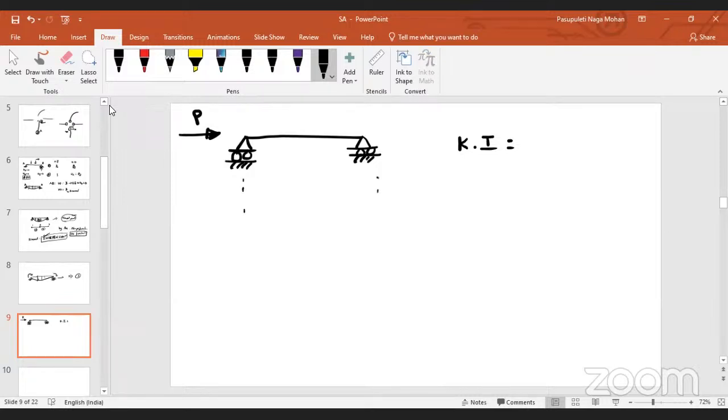If I apply some force, what will happen? Will it resist, or are rigid body motions possible here? Yes, sir, rigid body motion is possible. Let us assume that this beam has moved to somewhere here, just for the idealized case. Now tell me, what is the kinematic indeterminacy here?